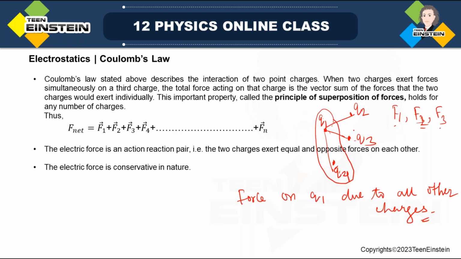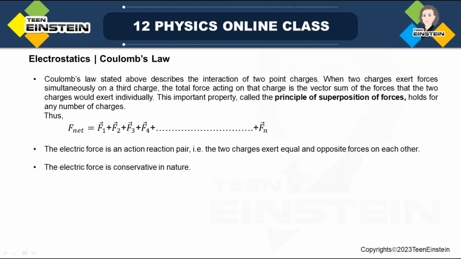Coulomb forces are vector quantities, so we have to take the vector addition of all those forces. So it is written here: net force can be found if you have a system of charges. Force on a particle due to all others can be found using the superposition principle.